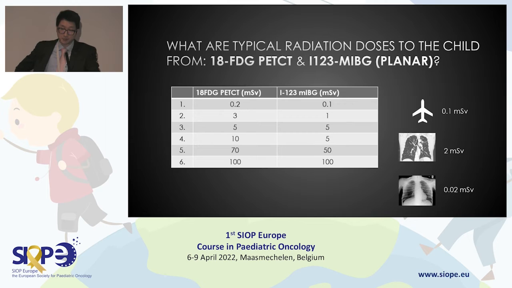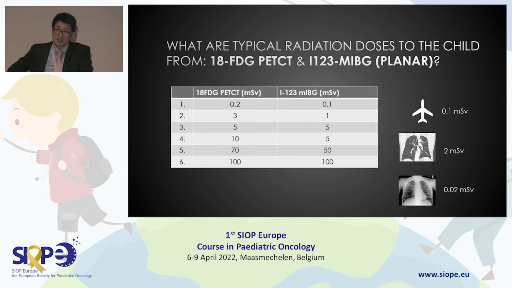To give you a clue, these are the references. It has been quoted that a transatlantic return flight from Europe to America, because you're closer to the cosmic radiation, gives you an additional radiation dose of 0.1 millisieverts.